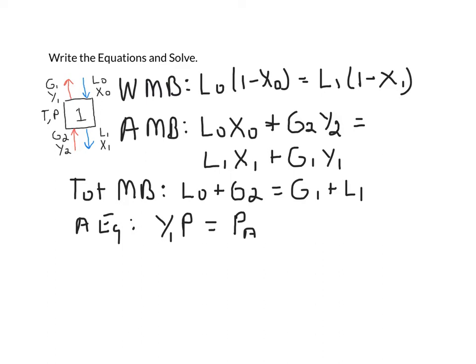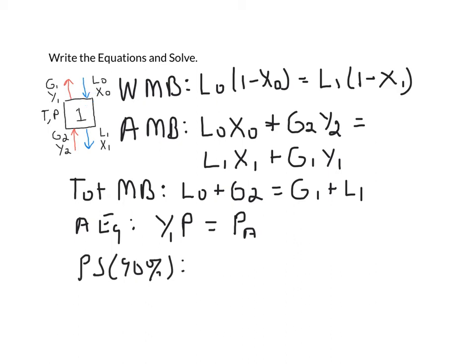Now we also have the process specification, which is the 90%, and that is that the gas flow rate here contains 90% of the ammonia coming in from the liquid feed.